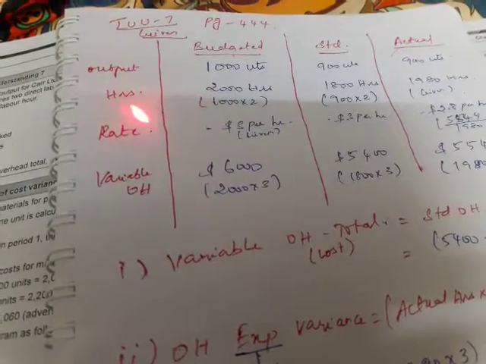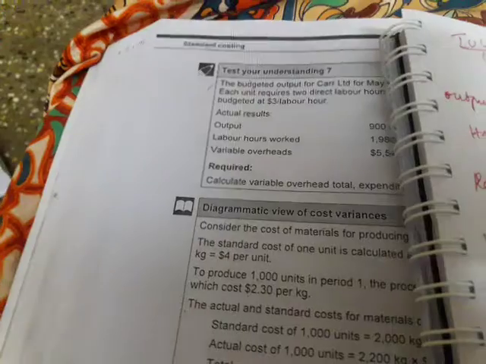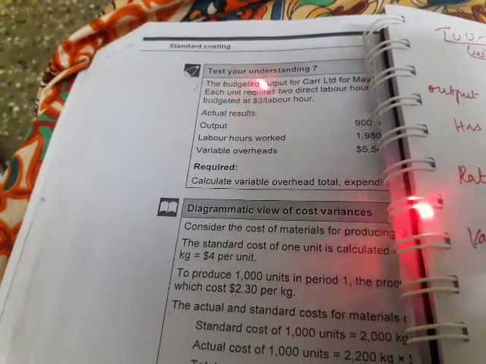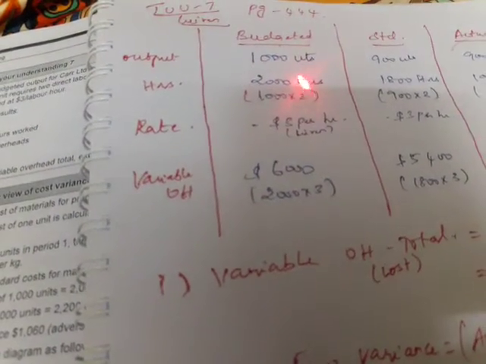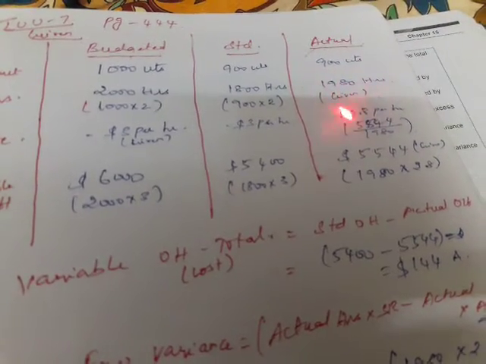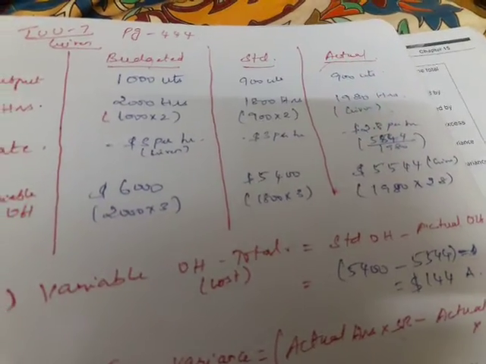Now you go for hours. I told you already, in the question it is given, each unit requires 2 labor hours. So 1000 into 2, 2000 hours. What is the actual hours? It is given, 1980 hours. It is given in the question clearly. Okay, you can see the question, so I have written it.